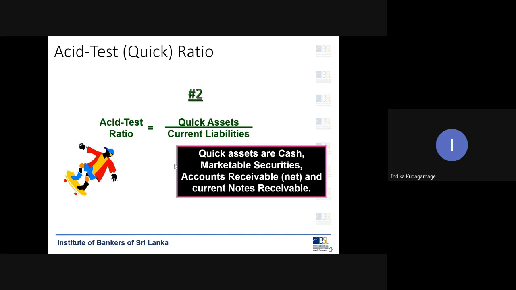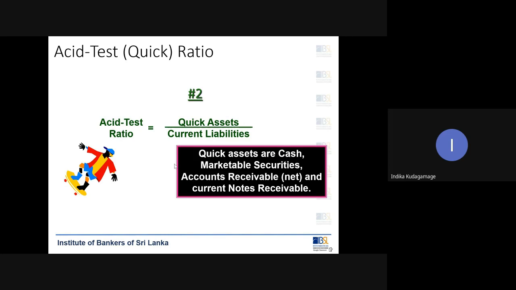But if you have details about the current assets, then you take cash, marketable securities, account receivable, meaning debtors, and notes receivable. Those are also short-term money given out. We need to collect, right?